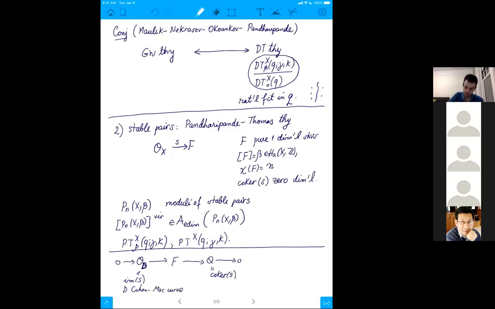Q is zero-dimensional, so it's a bunch of points. F is an extension of Q by O_D, and because F is pure, this forces Q to lie on D. So the picture is something like this. So now the points are not allowed to wander, but they will be on the curve D only. So it seems plausible that, well, at least these invariants will be smaller than the DT invariant, and it's plausible that they actually provide a geometric interpretation of this ratio that I mentioned.